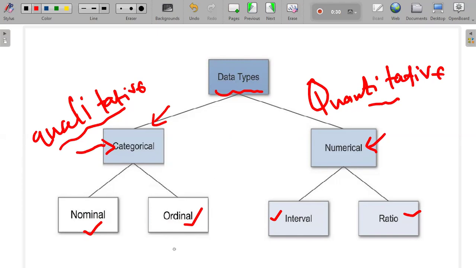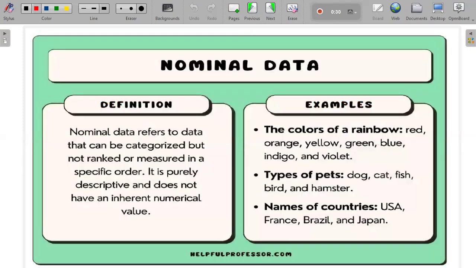Of course, we also have the cross-sectional data, and then we have the time series data. So we are going to talk about all these types of data. On my next slide here, I have the nominal data. This nominal here comes from the word name.